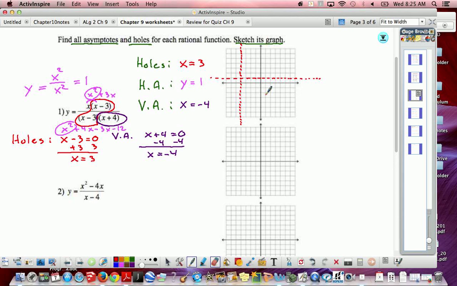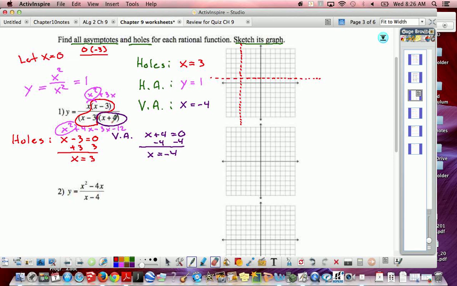Probably one of the easiest ways to find it is to test a point. Since none of these values is 0, I'm just going to let x equal 0 and plug it in. In the top, I get 0 times negative 3. In the bottom, I get negative 3 times 4.